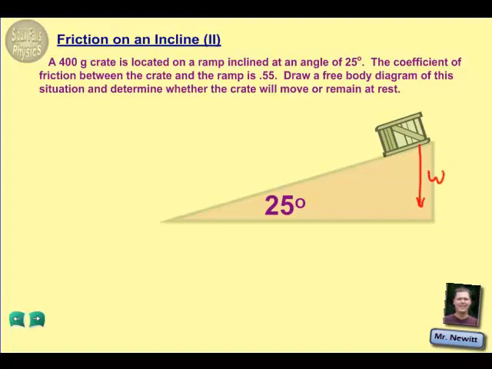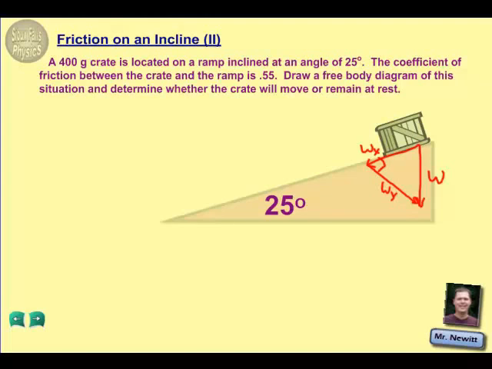And then we also know that there are going to be components to that weight. There will be an X component that is directed along the ramp, as well as, perpendicular to that, a Y component. So we could call this WX and WY. In a minute here, we'll figure out the components of those different variations of the weight.